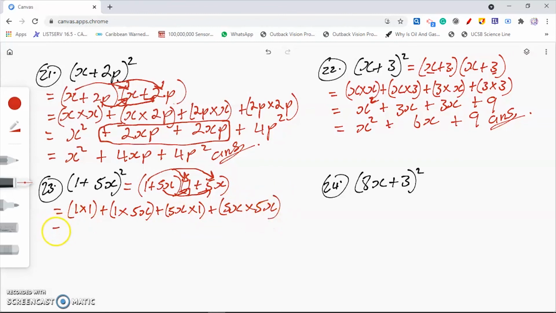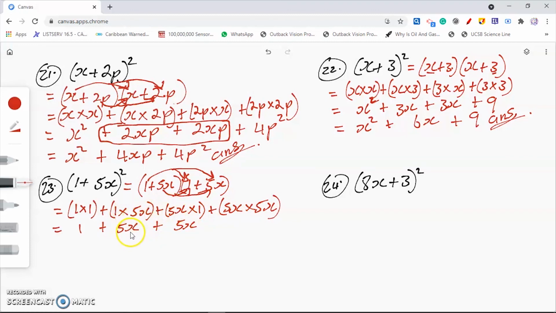Now we simplify. 1 times 1 is 1, plus 1 times 5x is 5x. 5x times 1 is also 5x, because multiplication is commutative. It doesn't matter whether the 1 comes before the 5x or the 5x comes before the 1, both of them would give the same answer.